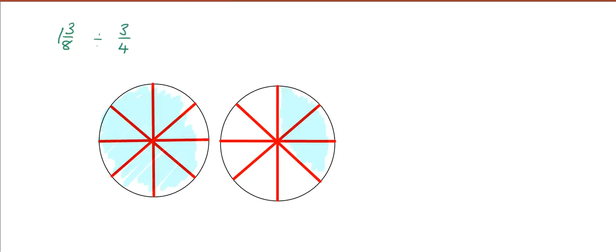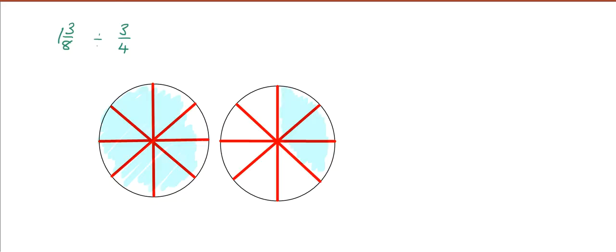I'm not telling you the answer by any means. I'm just starting off, showing you. I've got 2 circles. Each circle is split into 8s. I've got 1 and 3/8, so the 3/8 on the side. So actually, for my 3/4, we can ignore the white one. So we've got to look at that and figure out how many lots of 3/4 fit in that.